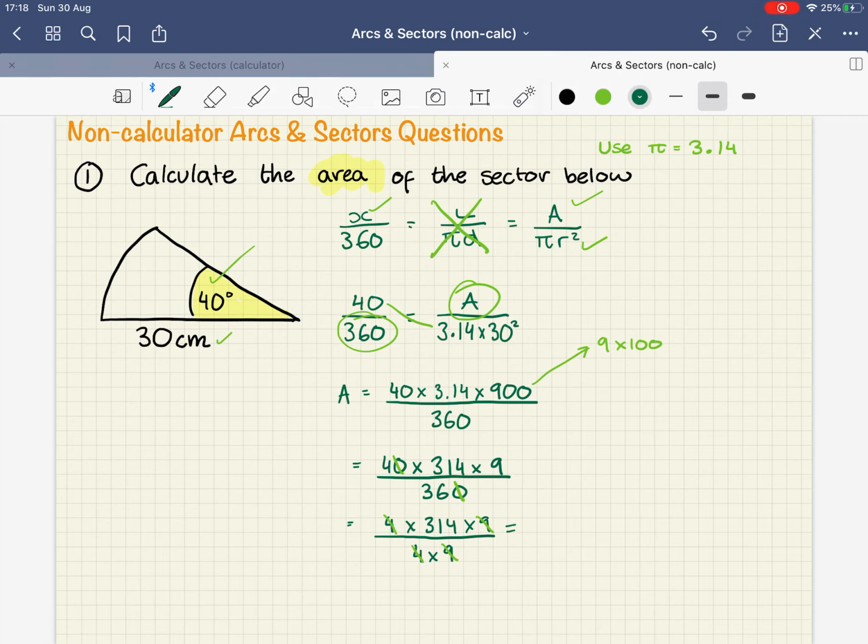And so all I'm left with is 314 on the top, and on the bottom would just be 1 because everything's gone, but I don't need that there. So 314 centimeters squared is my final answer.